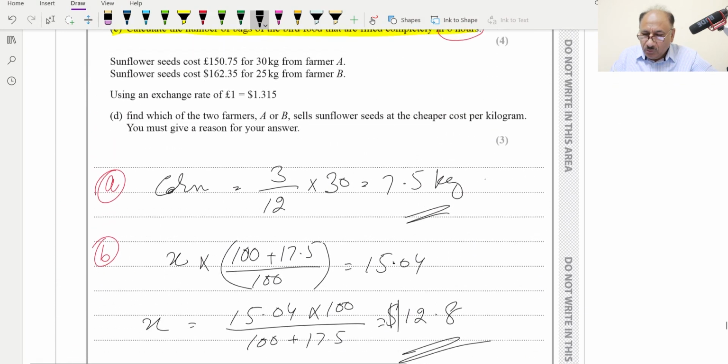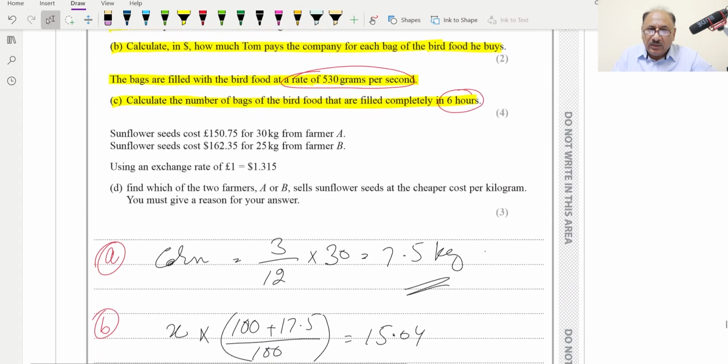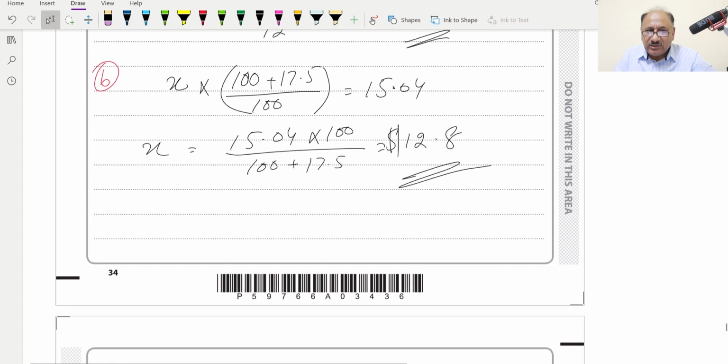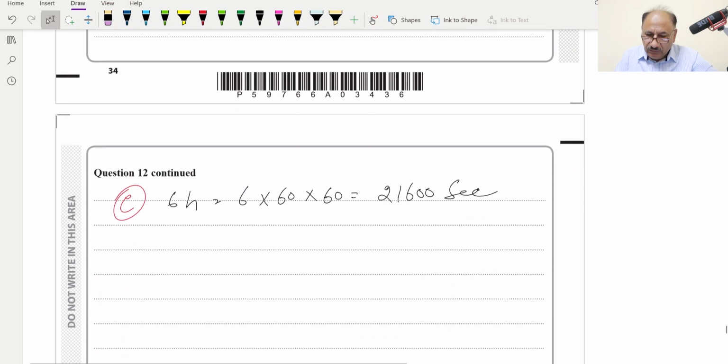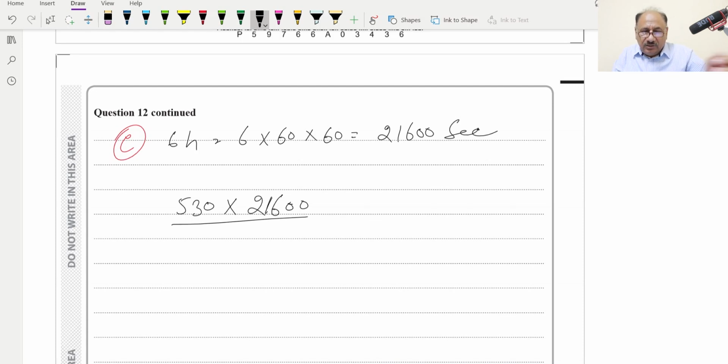And now we can check for this information: 530 grams per second. So 530 grams multiplied by each second. How many seconds? This many seconds. And we have to convert grams into kilograms.